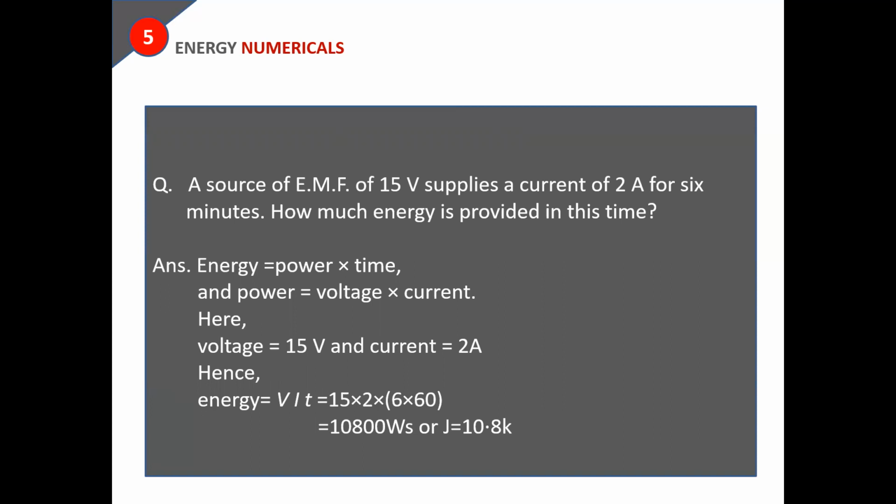So energy is equal to V into I into T, that is 15 into 2 into 6. 6 minutes you can write as 6 into 60 seconds, because energy is always calculated in joules. So we need to convert the minutes into seconds while we are calculating the energy. So the answer is 10,800 watt-seconds, or 10.8 kilojoules.